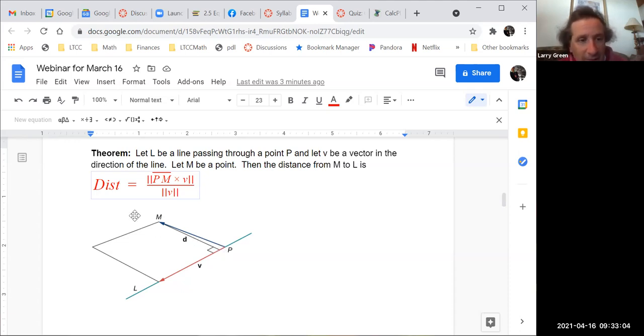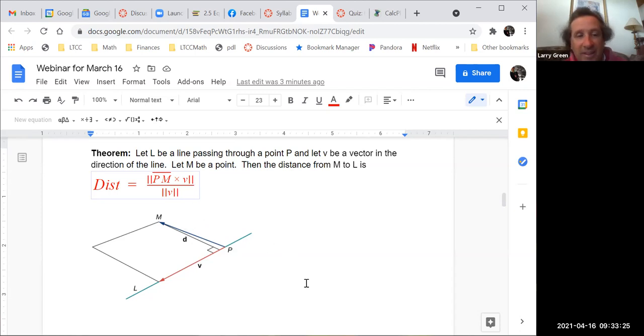So that tells us that the distance from the point to the line times the magnitude of V is the magnitude of the cross product. So divide by the magnitude of V, and that's your distance. That's the whole proof right there. There's not much to it other than looking at the geometrical picture. Any questions on that?